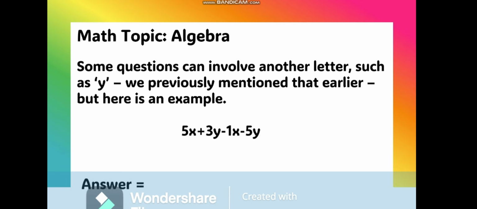But here's an example. 5x plus 3y minus 1x minus 5y. So we'll separate into two parts. So we'll do 5x minus 1x. It's so hard to write on computer, trust me.